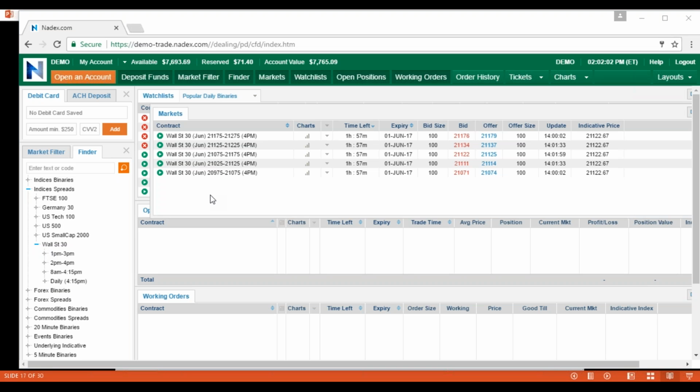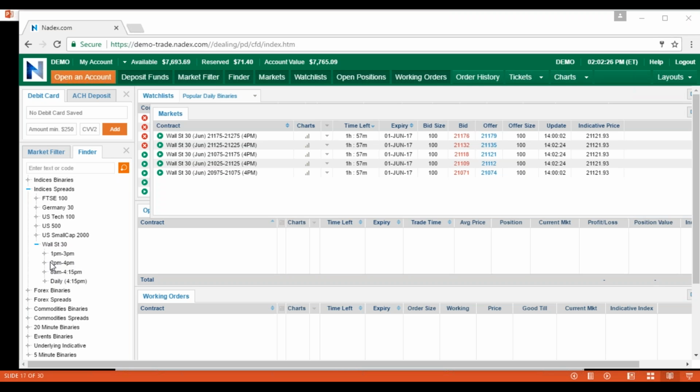Somebody asked earlier, well, how are the floors and ceilings determined? You know, are these just random people out there making floors and ceilings? Or if the market's going up, then they put a floor here and, you know, a ceiling here? No. All right. Here's how it works. Very simple. When these new spreads open up, whether it's the dailies or the intradays, it's determined on where the market is at.